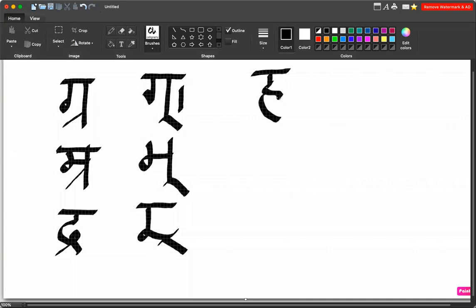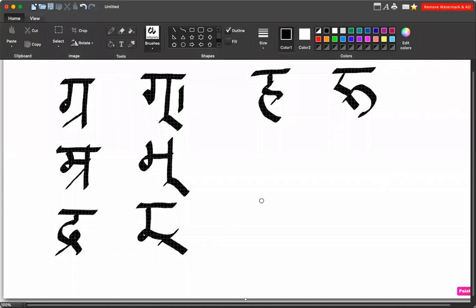So if her is being written in Devanagari also, I think you write it here. So if you're writing it in Sharda, anything that is getting attached in case of her would come in the middle portion. So this is how you would write for her.